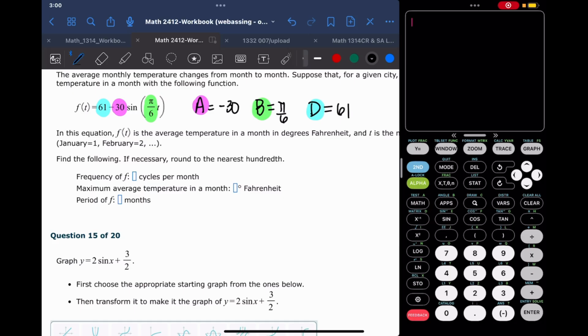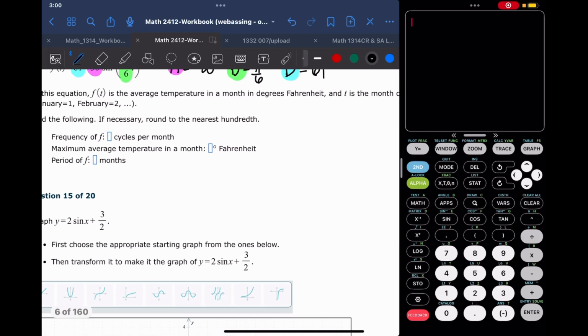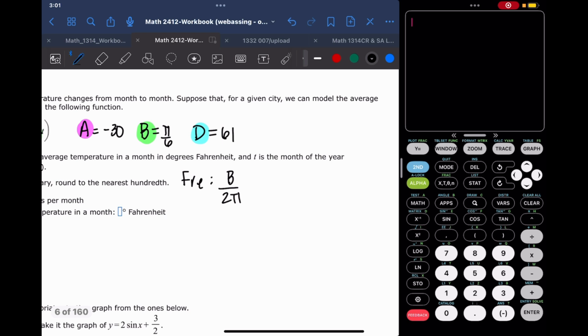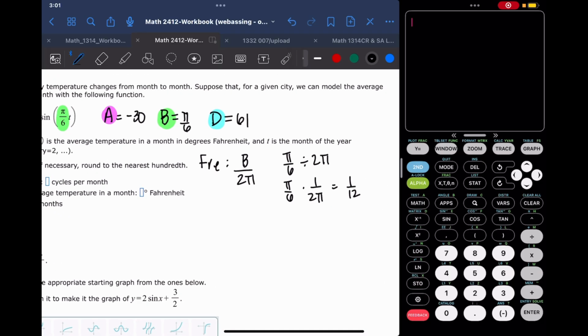Now to find the frequency, okay, so the frequency is the reciprocal of the period, but in this case, we're going to say it's b divided by 2 pi. So to find the frequency, it's going to be pi over 6 divided by 2 pi, which is pi over 6 times 1 over 2 pi. So then we get 1 over 12. So the frequency is 1/12.